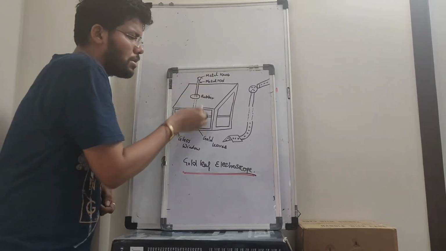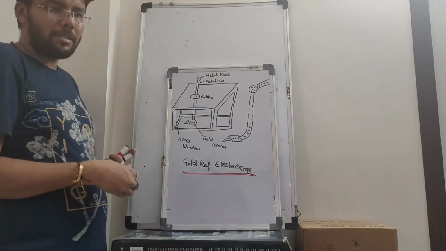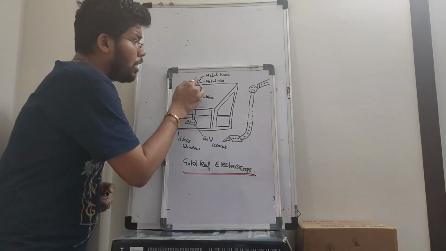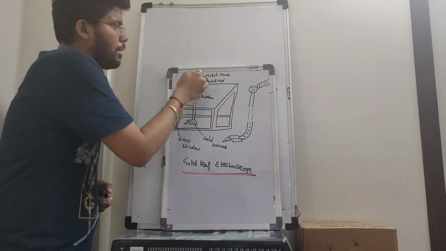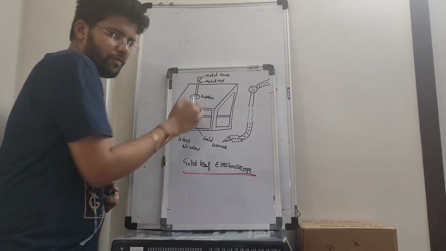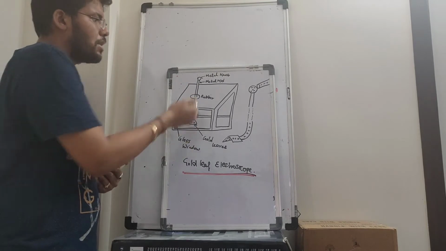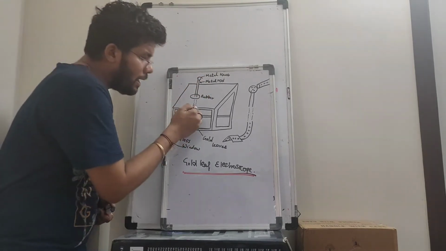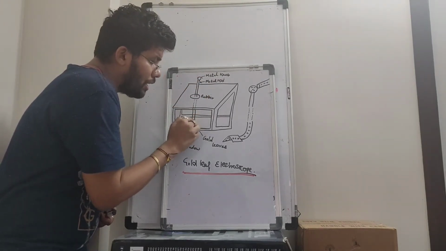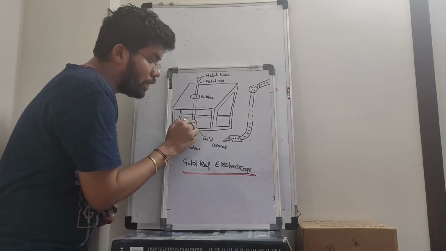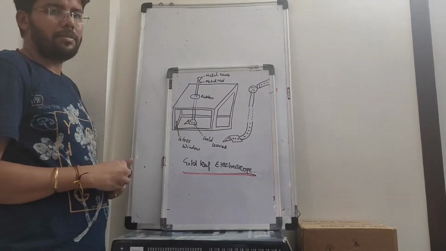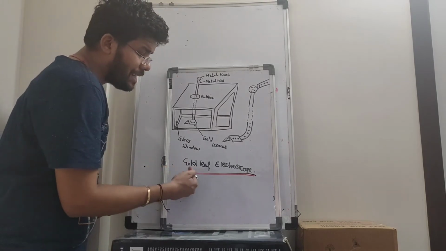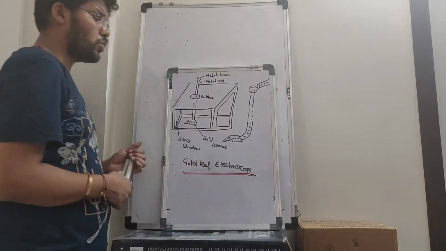This metal rod is made up from copper or brass. One end of this metal rod is connected with the metal knob. ये metallic sphere है which is also made up from copper or brass. The metal knob है. And another end of this metal rod is connected with two gold leaf. ये दो gold leaf है जिससे वो connected है. That's why this device is named as gold leaf electroscope.